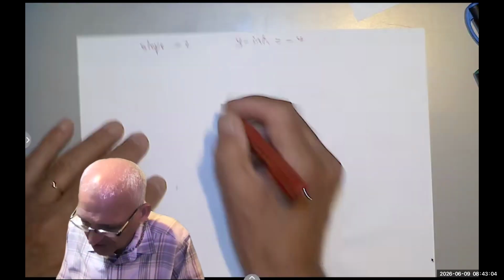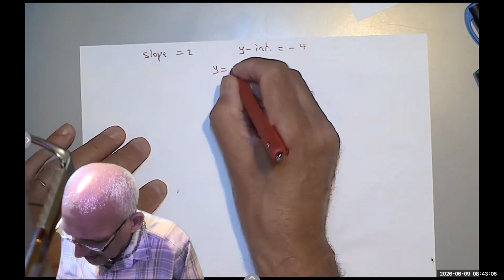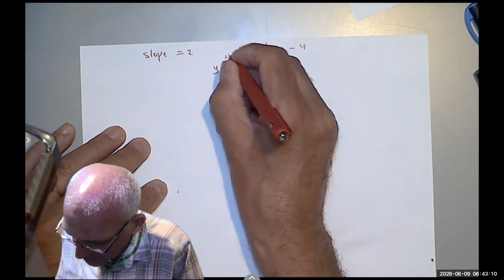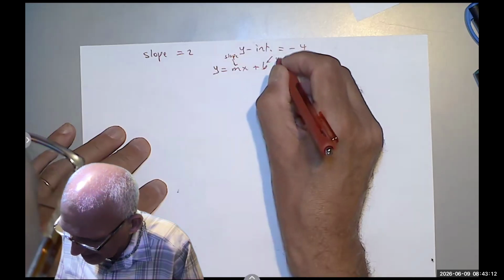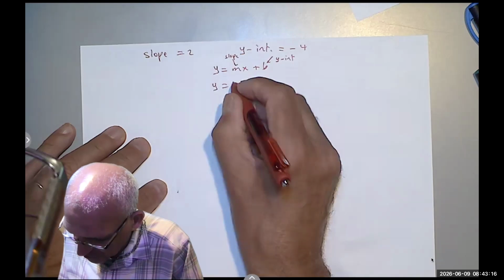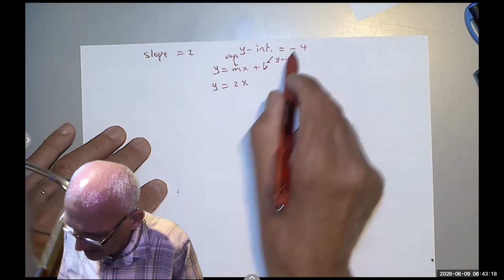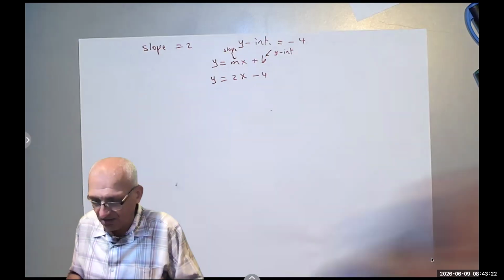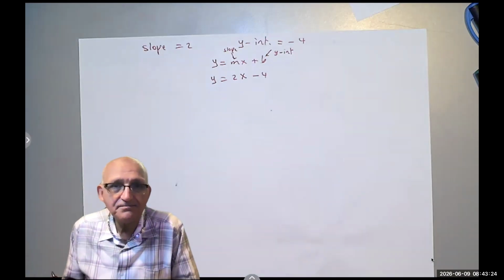I know the equation is y equals mx plus b. This is the slope, we said. This is the y-intercept. So I say y equals 2 times x, and the y-intercept is -4, so -4, and it would be so easy.